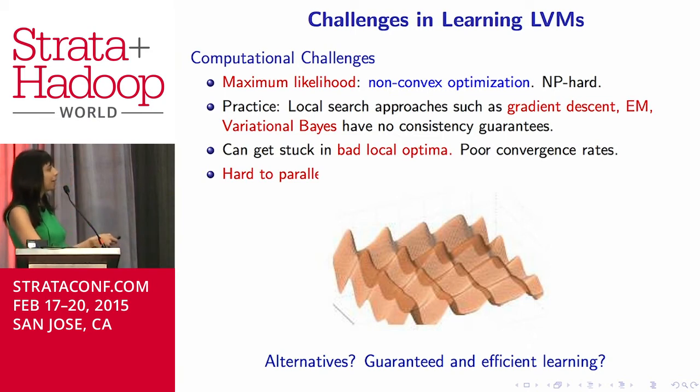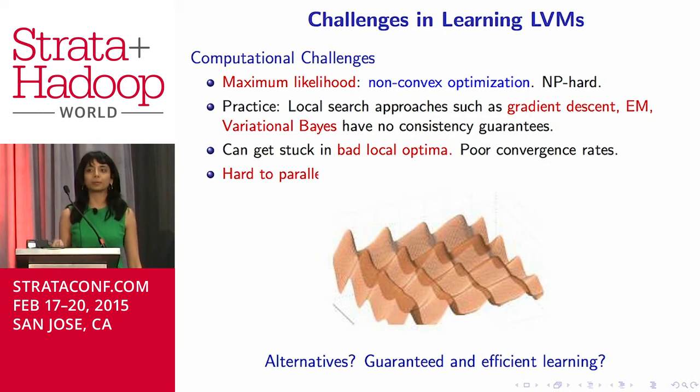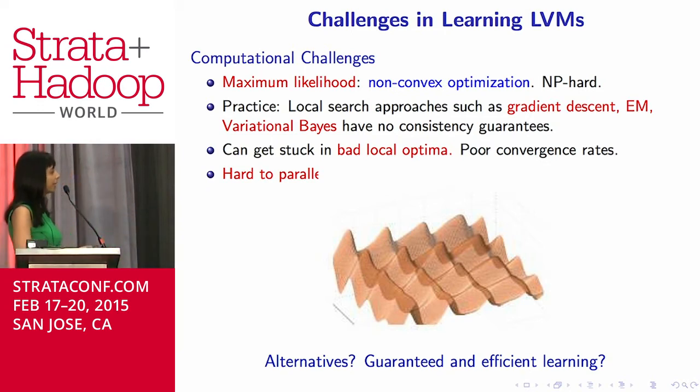Maximum likelihood is, in fact, theoretically also NP-hard for many of these problems. And in practice, if you do any kind of local search, like expectation maximization, or variational Bayes, which is a popular approach for many of these models and looks at relaxations of the likelihood function, all of these suffer from the same problem that they can get stuck in these local optima.